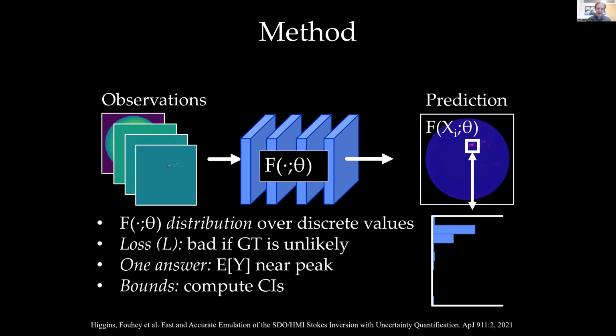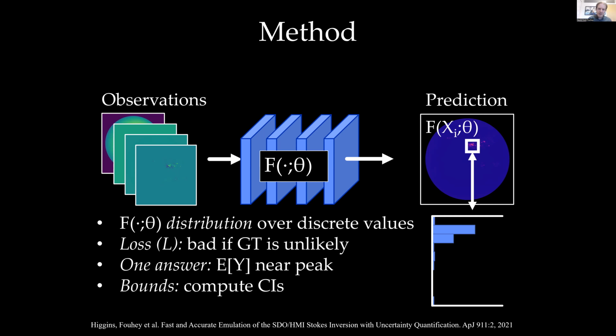We formulate it as a regression by classification approach, which enables us to produce a distribution over discrete values. This lets us produce single outputs as well as estimates of uncertainty. By producing this distribution, we can figure out which pixels of the inversion we are confident about and which ones we are not, which is quite nice. Given the limited time, I can't explain all the details, but there's a paper which explains it.